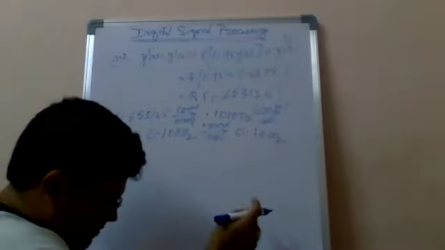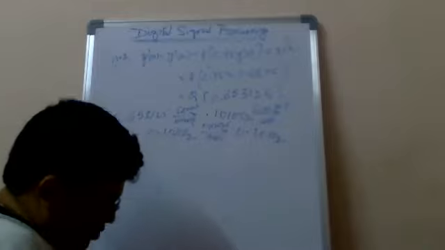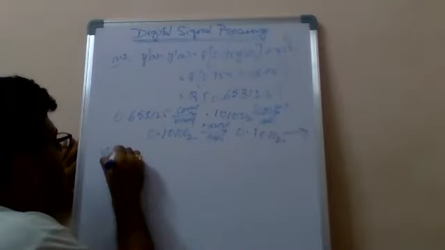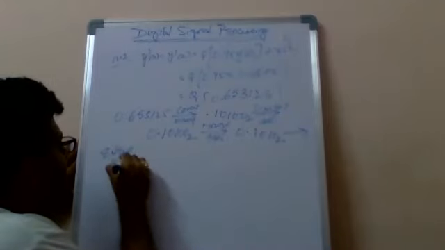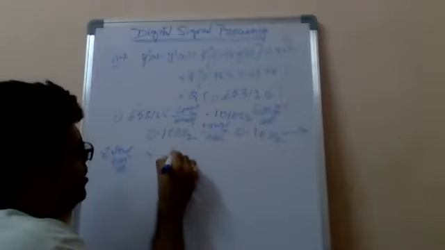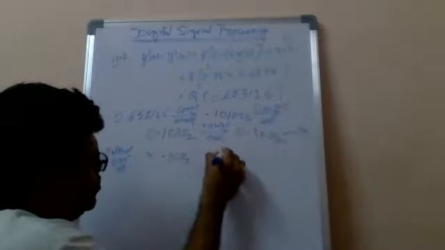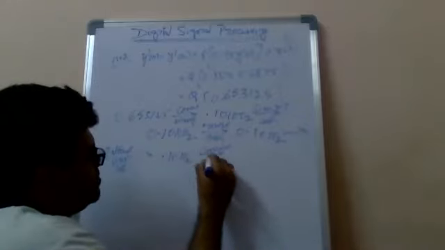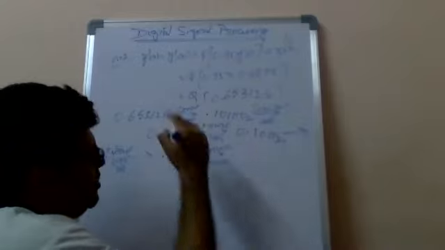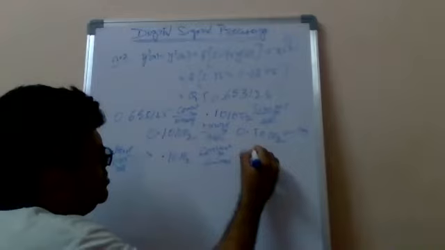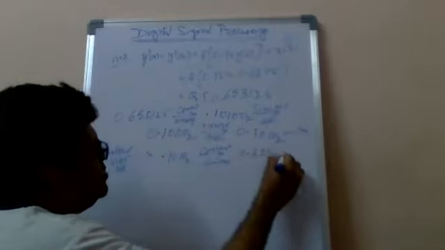Now from this, you extract the sign bit, so this will be 0.1010 to the base 2. Now you convert it into decimal. The same will be applied even for the n equal to 1 case also. So if you convert it into decimal, this will be 0.625 to the base 10.